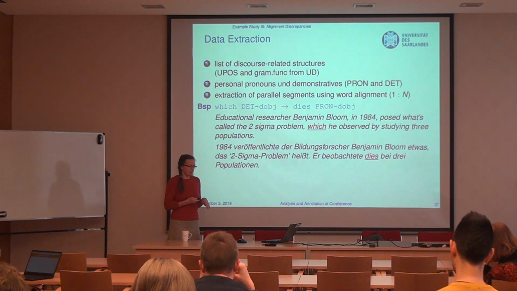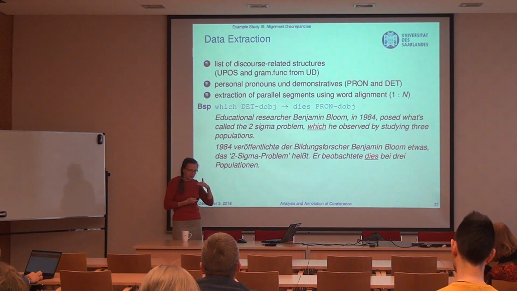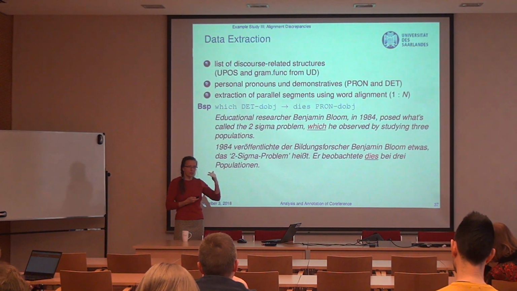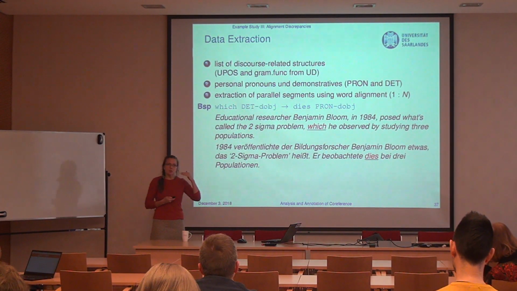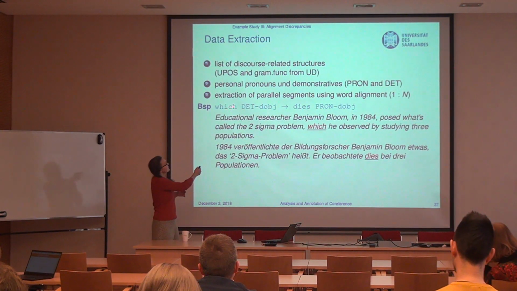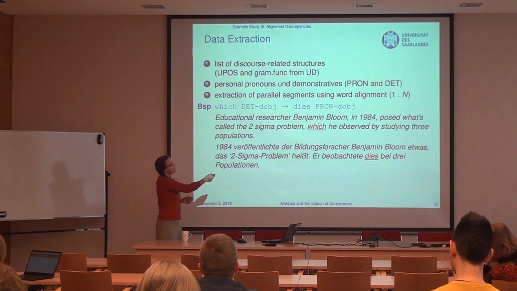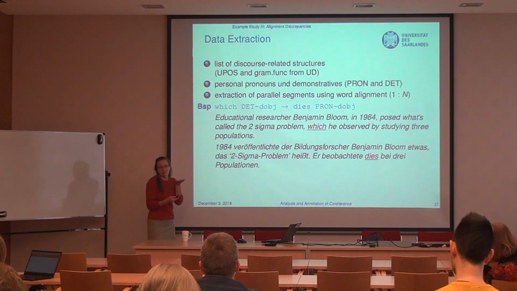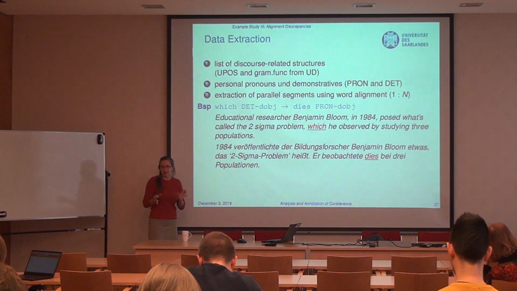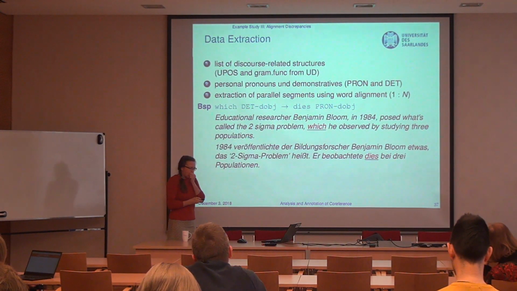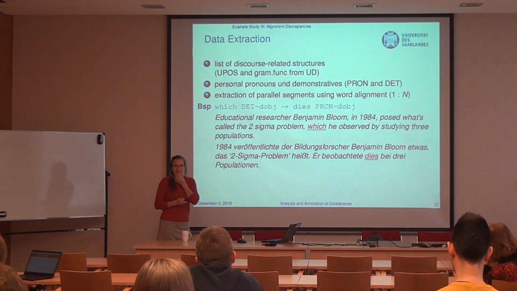And we did this for the whole data, but then we restricted ourselves only to the cases where we had something on this side, so for example "which" and this marking, but it was not aligned to anything in the target. And vice versa, we had something in the target looking like this, but it was not aligned to anything in the source. So we had two lists, in fact. Two lists of patterns. Is it clear?